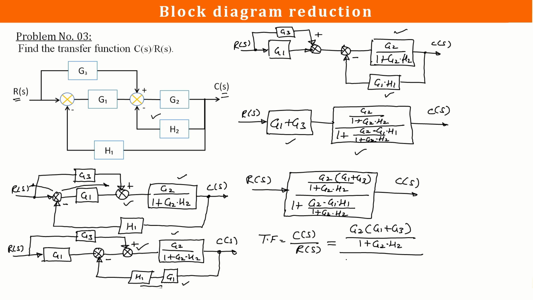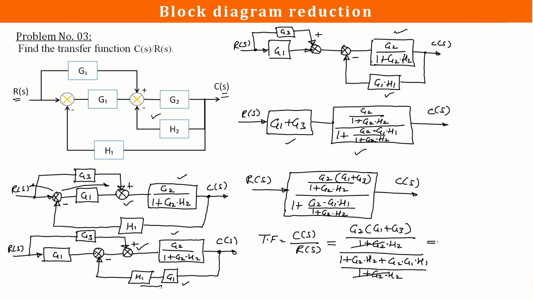So it will be 1 plus G2 into H2, that is multiplied with 1, and now we will be having this term here G2 into G1 into H1, and now we will be having a common base as 1 plus G2 into H2.